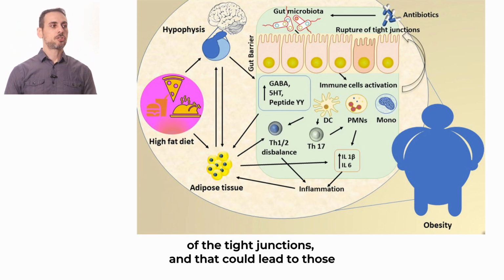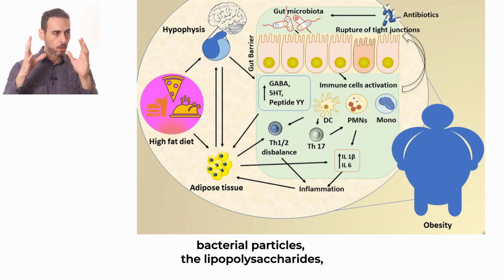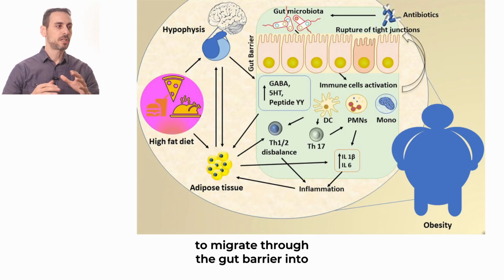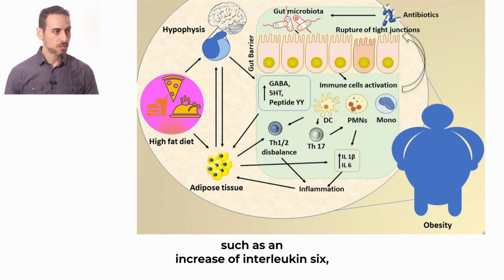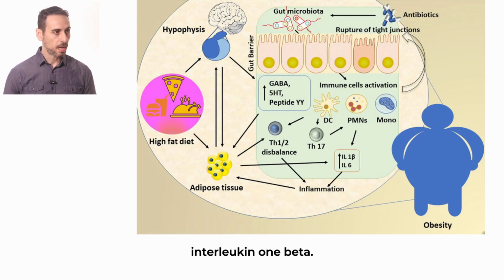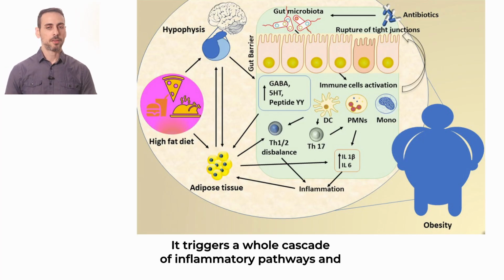That could lead to those bacterial particles, the lipopolysaccharides, to migrate through the gut barrier into the bloodstream, where it causes an immune reaction, such as an increase of interleukin 6 and interleukin 1 beta. It triggers a whole cascade of inflammatory pathways.